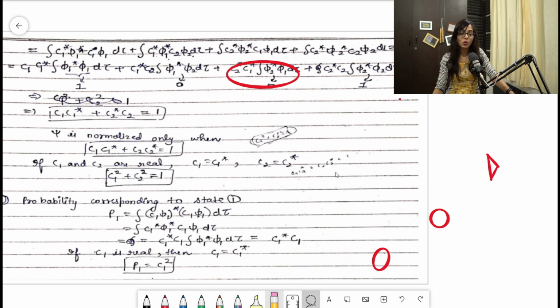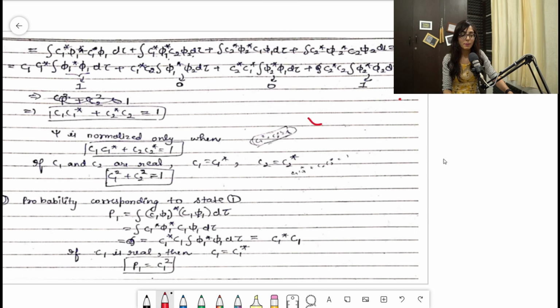Clear, guys? Also, now I'm going to tell you what will happen if this i is not there. Suppose I have now root 5 phi 1 plus root 7 into phi 2.